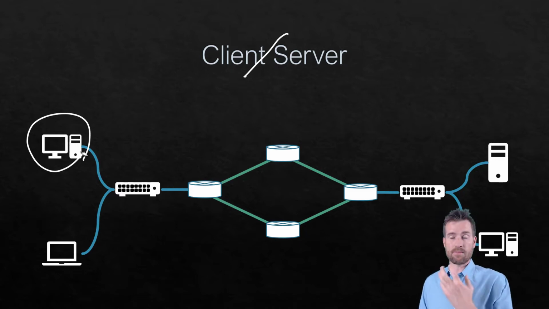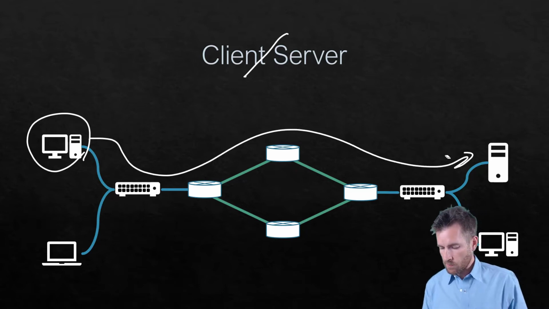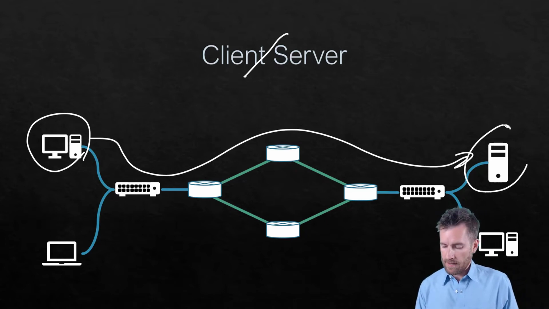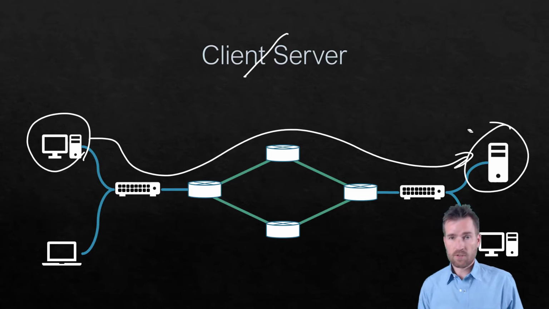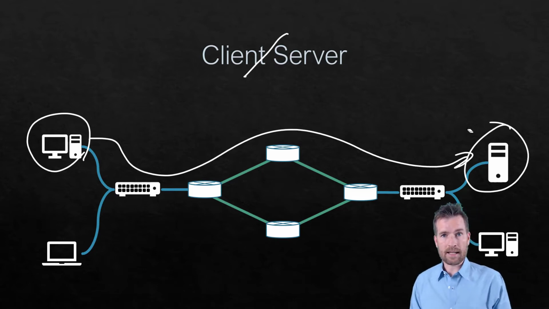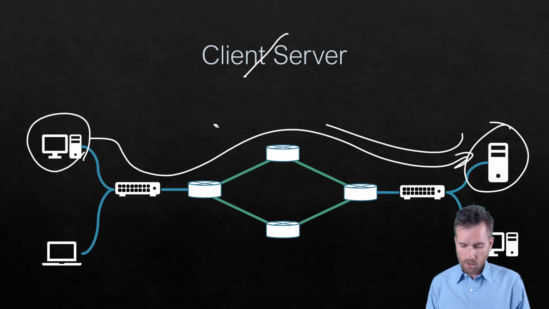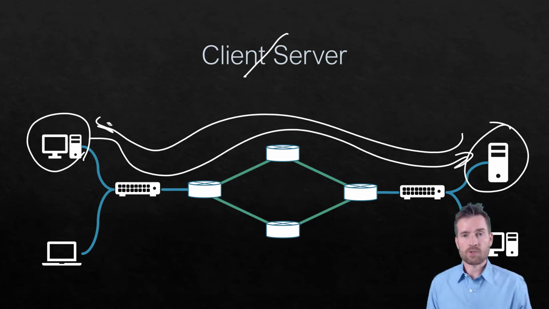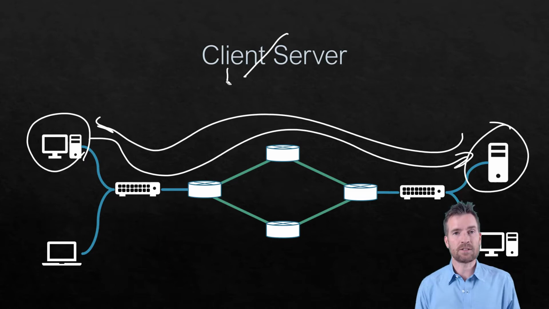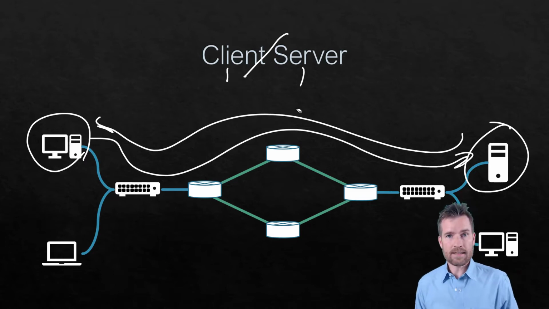So it needs to make a request to a DNS server. It makes a request to this DNS server. This server has a process running on it that is able to fulfill that request, and so it responds back to the client. So a client is requesting services versus a server is then delivering those services.